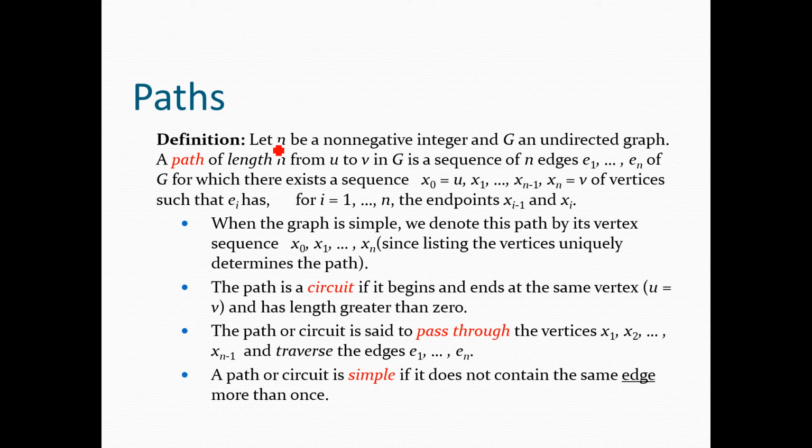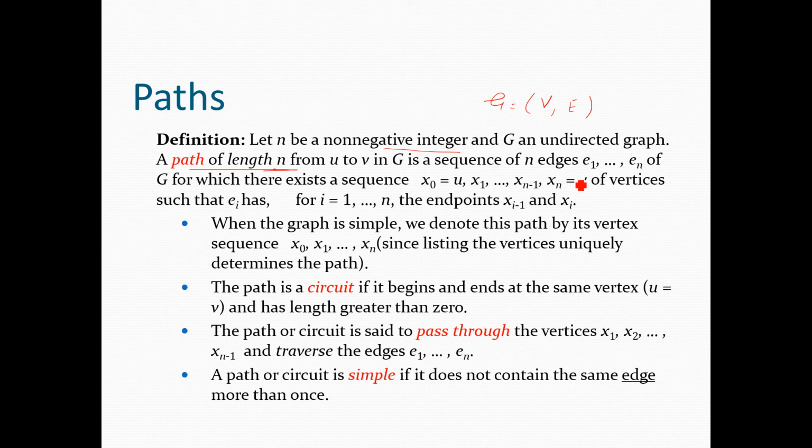So, a formal definition of a path: let n be a non-negative integer, and G an undirected graph. G is, of course, the set of vertices and edges as always. So for an undirected graph, a path of length n. So there is a length of a path as well. A path of length n from u to v in G is a sequence of n edges e1 to en.